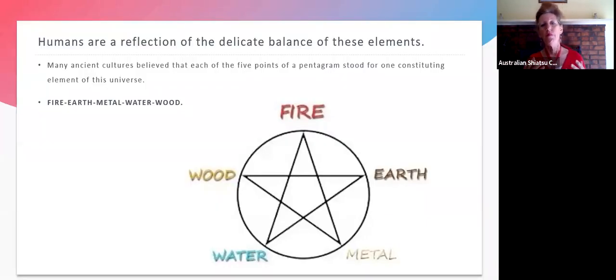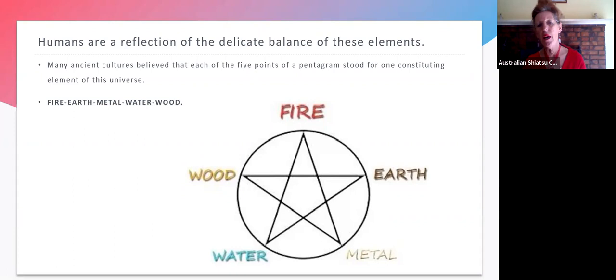So remembering that we have this beautiful way of viewing the universe, the macrocosm, and therefore reflected in our body and our systems and at the micro level. And we have the circle representing the generating cycle, and the internal triangles representing the regulating or controlling cycles.